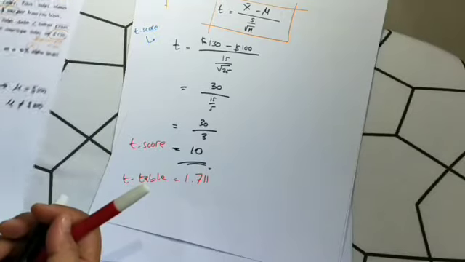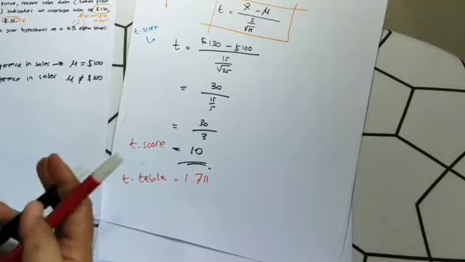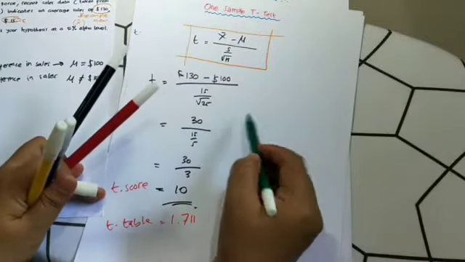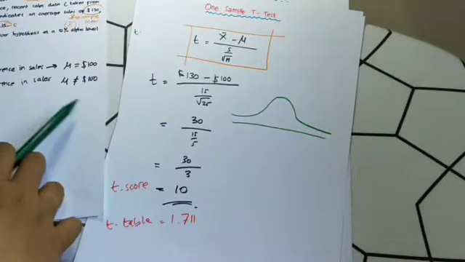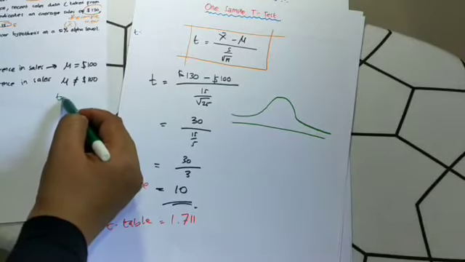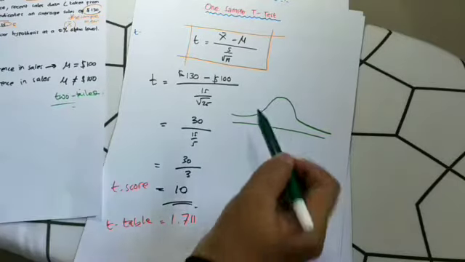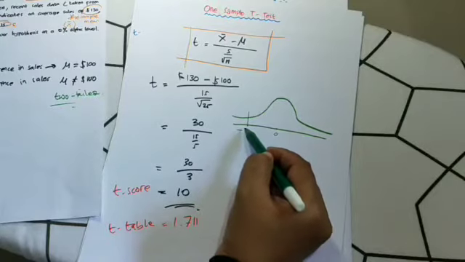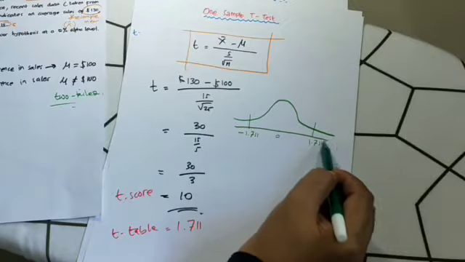So how to determine whether our alternate hypothesis is accepted or not? First, you have to make it like this. If you have the hypothesis like this, it is called two-tailed. Here this is 0, here is minus 1.711, and here is 1.711.